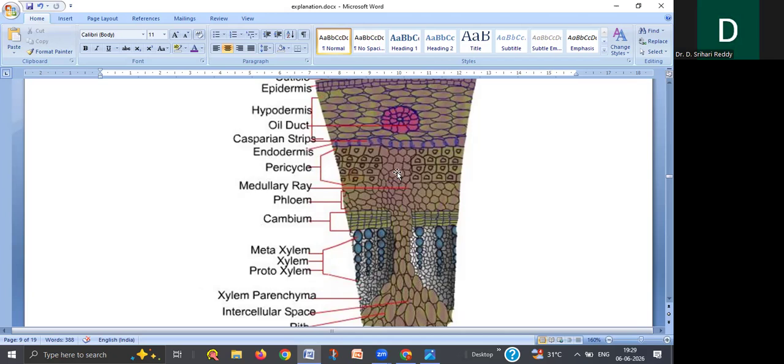So they are useful for radial water transportation. Radial means it is not a straight one; it is perpendicular to the axis. That is called radial transportation of water, and it takes place by medullary rays.